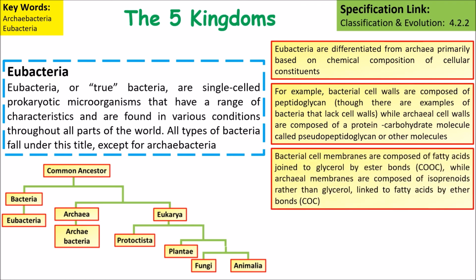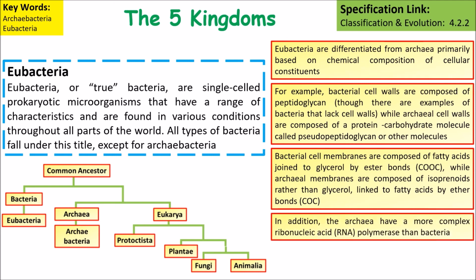Bacteria cell membranes are composed of fatty acids joined to glycerol by ester bonds, while archaea membranes are composed of isoprenoids rather than glycerol linked fatty acids. In addition, archaea have a more complex RNA polymerase than bacteria.